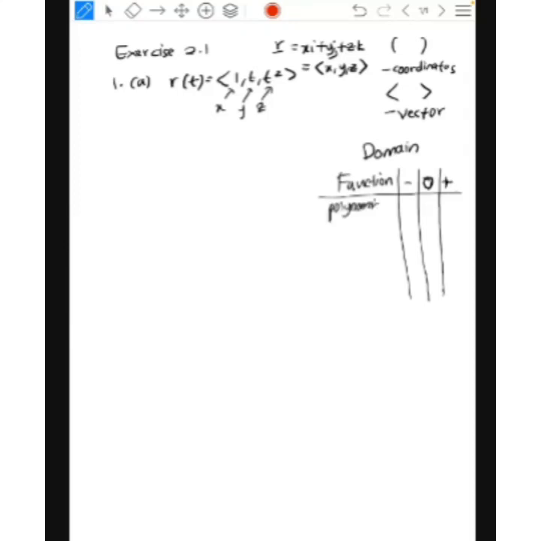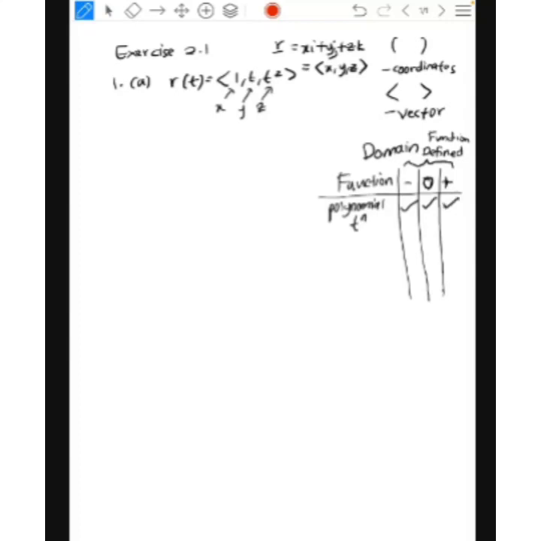Polynomial is the variable to the power of n, where n can be 1 until infinity. So if you have a polynomial, where is the function defined? It is defined on negative, it is defined on 0, it is defined on positive.